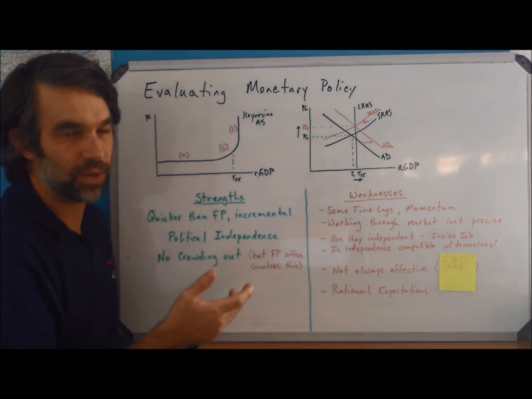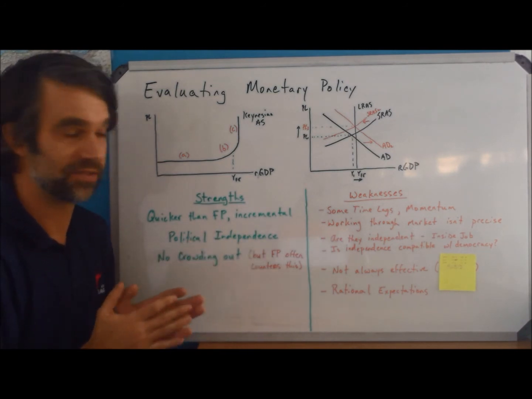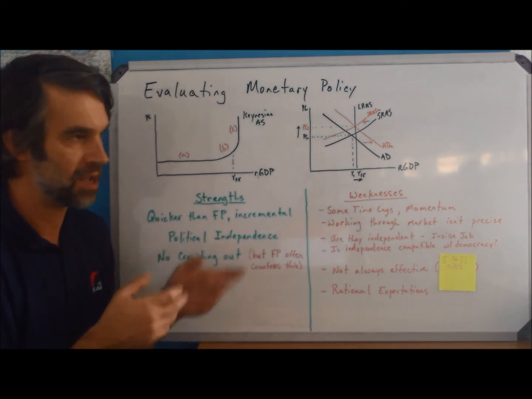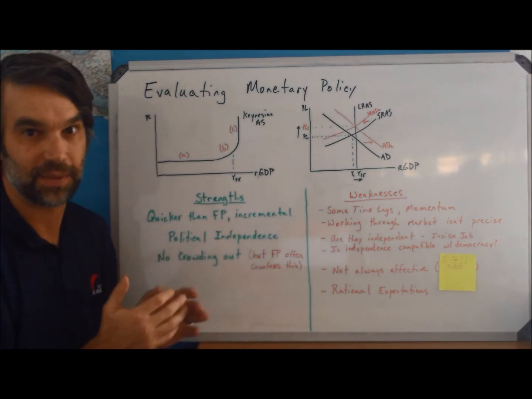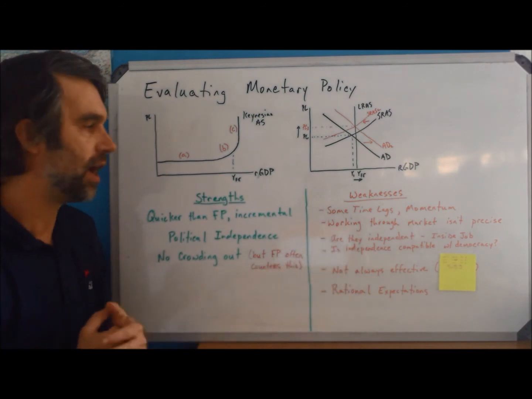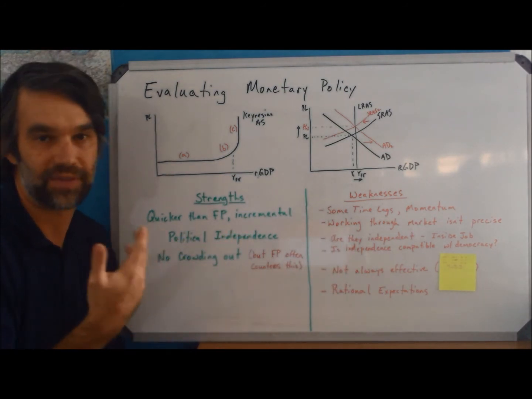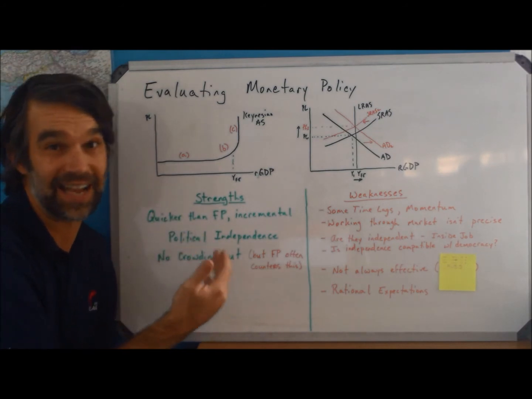You'll see, especially with the U.S. Federal Reserve, there are a lot of people who see the U.S. Federal Reserve in a very negative light. Lots of conspiracy theories and lots of people who think that they're just serving the interests of the rich. And there's some credence to a lot of that. So we have to ask the question, is independence actually a good thing?